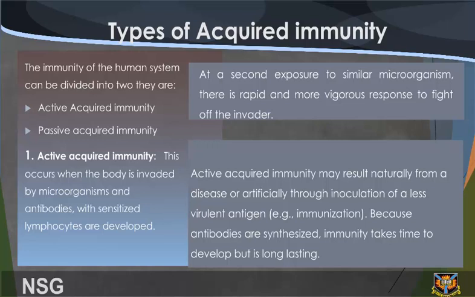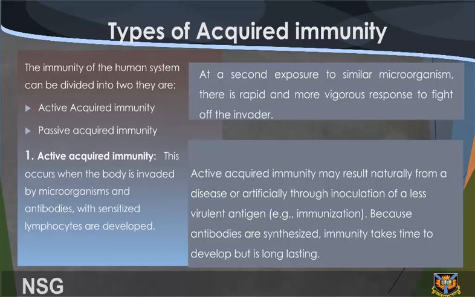Types of acquired immunity. The immunity of the human system can be divided into two. They are active acquired immunity, passive acquired immunity. 1. Active acquired immunity. This occurs when the body is invaded by microorganisms and antibodies with sensitized lymphocytes are developed.